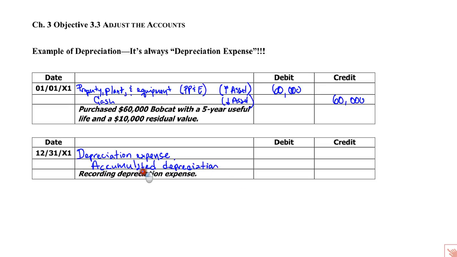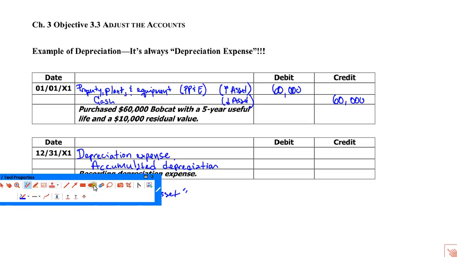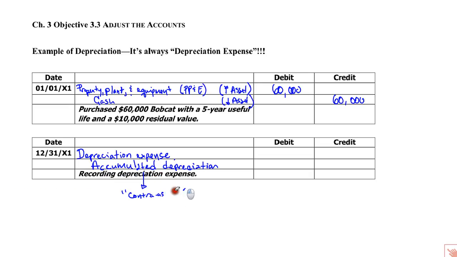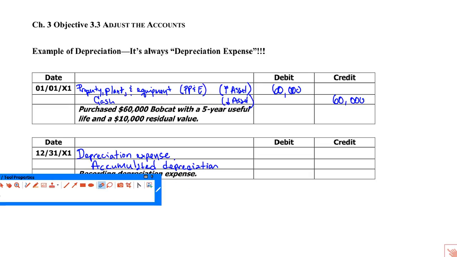I will mention that this is what's called a contra asset account. It's classified with the assets, but it has a credit balance. So that's a contra asset account. You can just stick that in your back pocket, and we'll come back to it in Chapter 5, which is the next chapter, since we skipped Chapter 4.